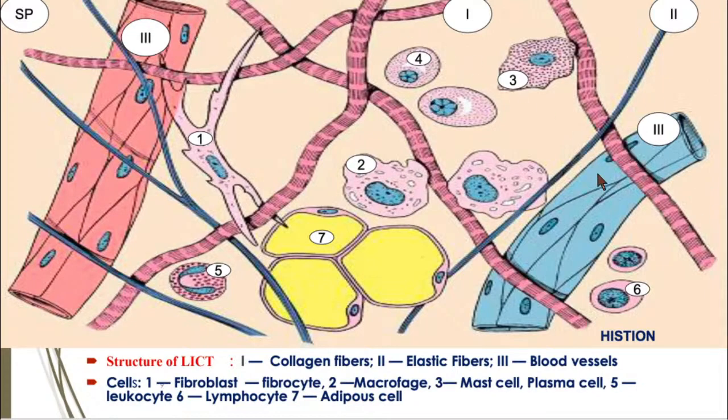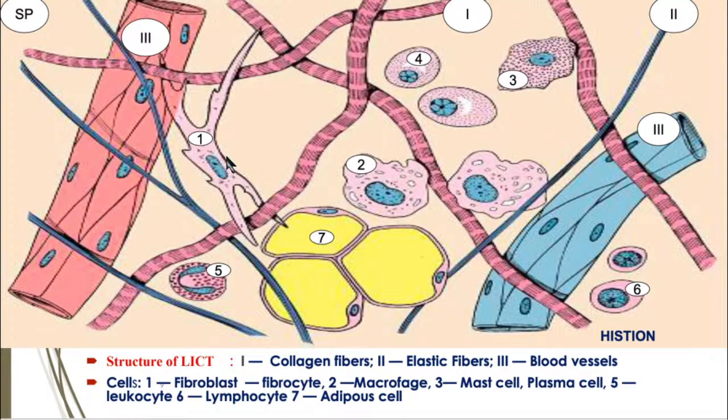But that shows that loose connective tissue everywhere creates the regional structure in organs and supports the vessels for each organ.